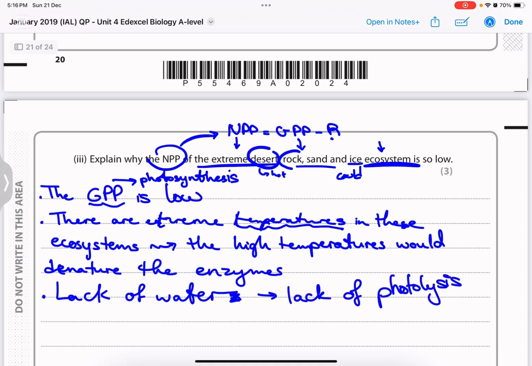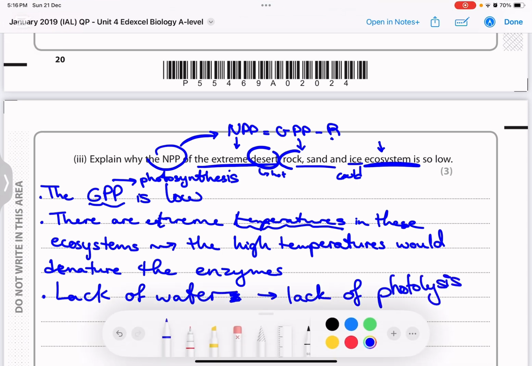So like this, you've covered nearly all the marks in your marking scheme. You've covered even like 4 marks, not 3.